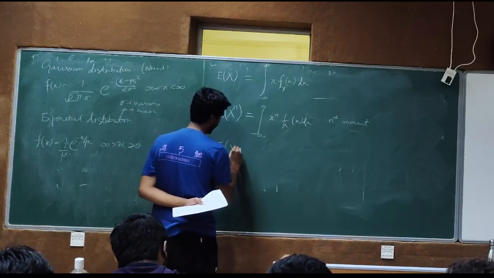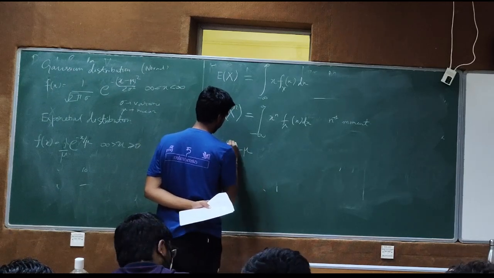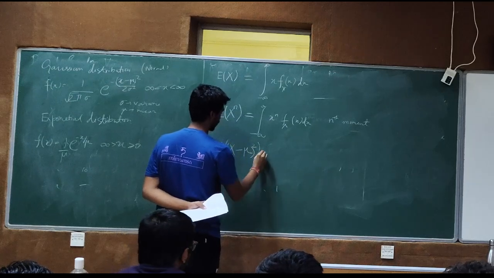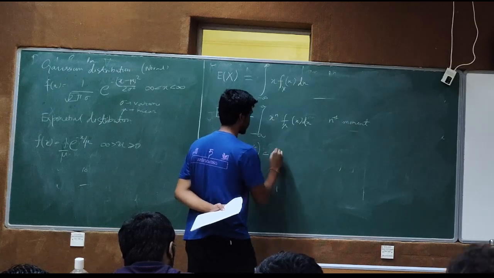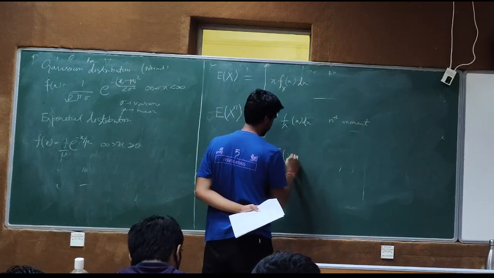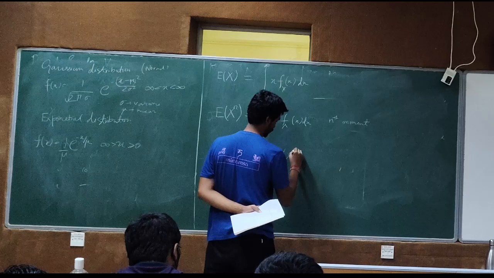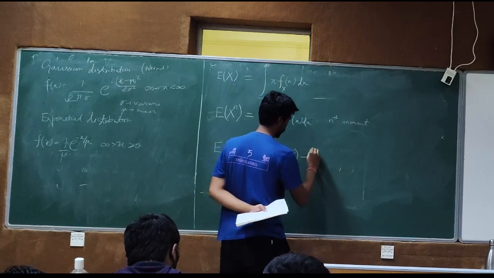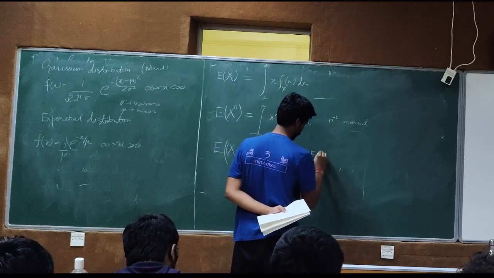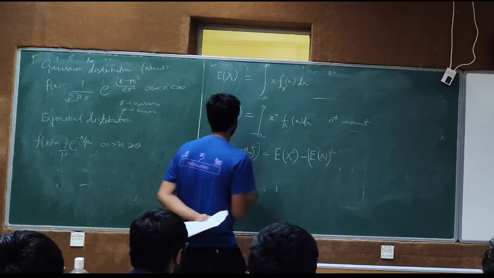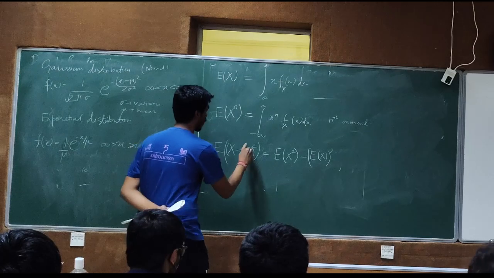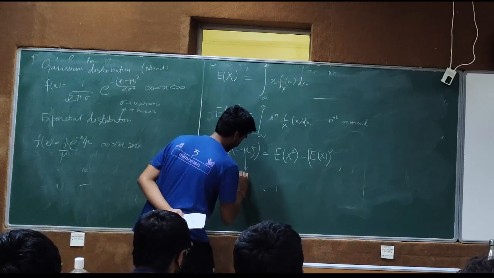And then you can define something called the variance. This is the expectation of x minus mu squared, and you can show it to be this, where mu is the expectation value.